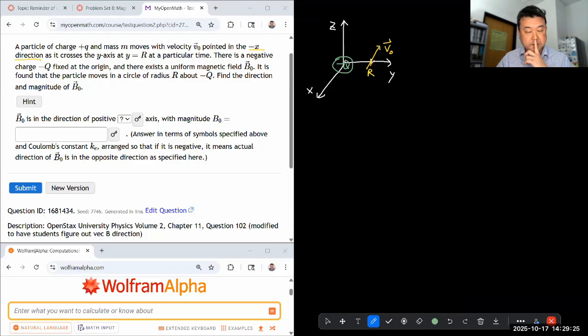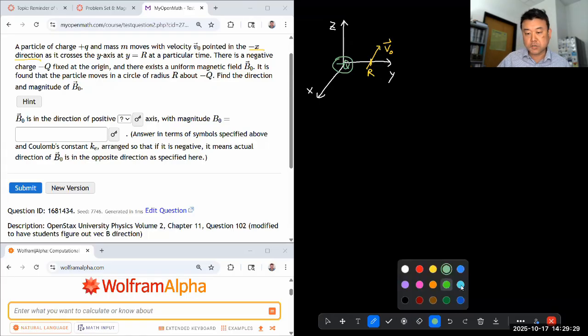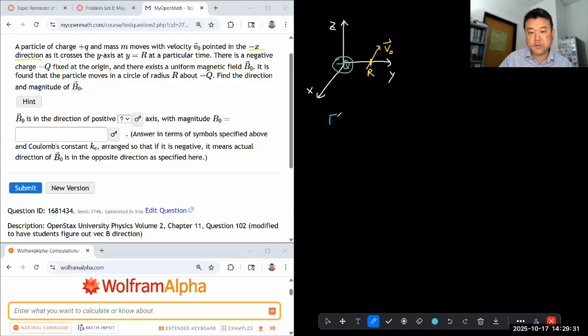So I guess, let me just draw a free body diagram of the charge. I'm going to imagine I'm looking at the charge from the plus x direction, like from over here. Then there's the force in the direction of the minus y axis, or leftward, the way I'm drawing. That's the electrostatic force.